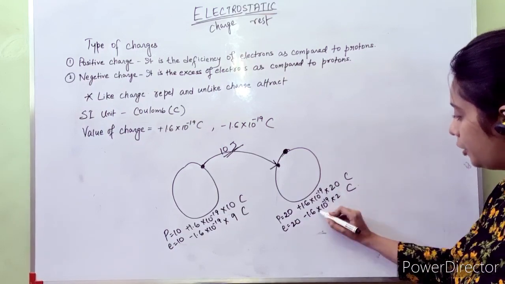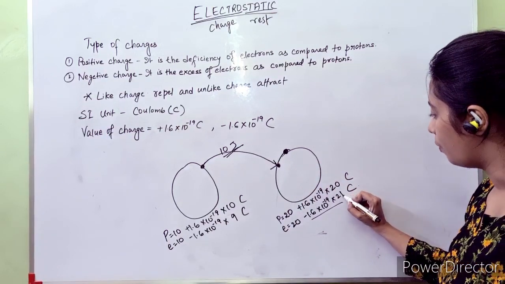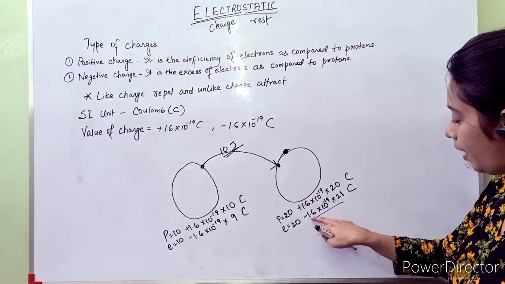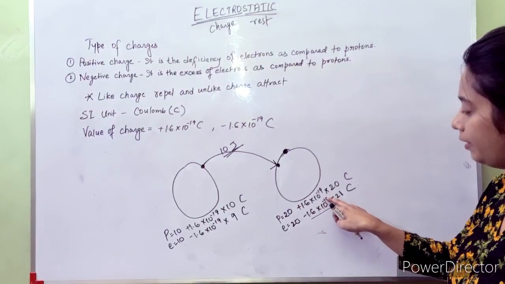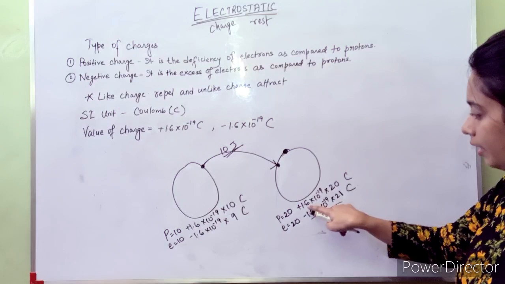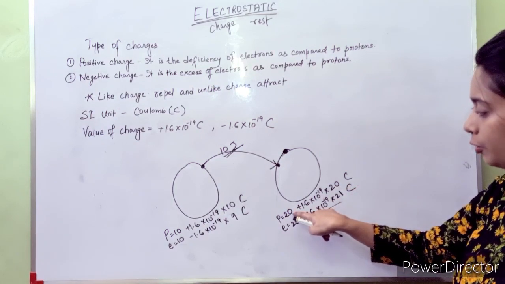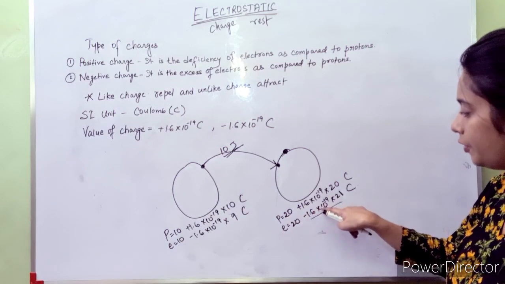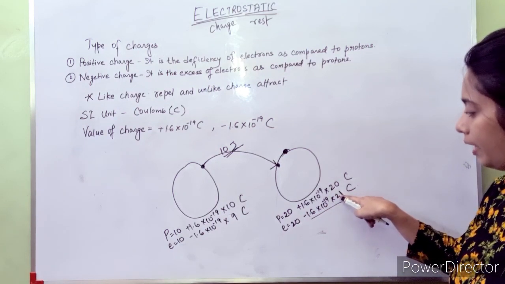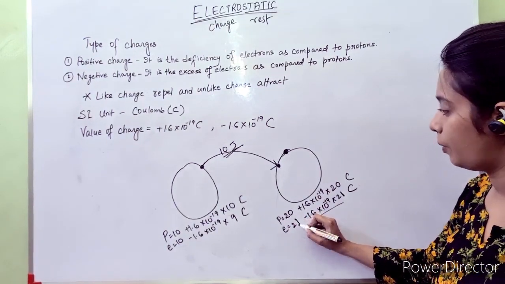So the total charge on this atom will increase by 1.6 into 10 to the power minus 19 coulomb. Here the positive charge is 20 times since the proton number is 20, and the negative charge is 21 times since now the number of electrons is 21.